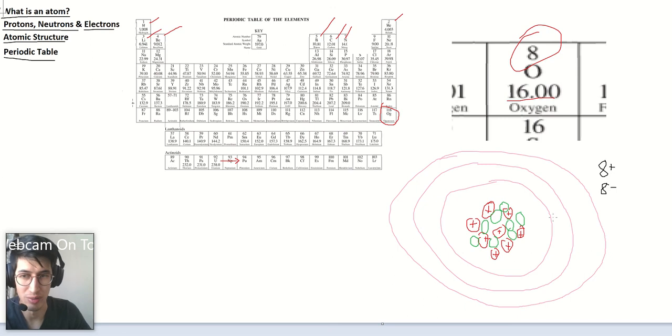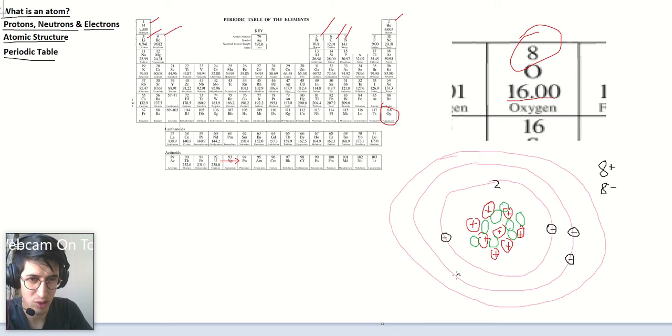I'm going to start drawing them. You start from the center. So I draw my first electron in the center. And by the center, I mean the first shell. I draw my second electron in the first shell. My third electron, I don't draw in the first shell because the first shell can only hold 2 electrons total. So that's already done. So I've drawn 2 electrons. The third electron I'm drawing in the second shell. Okay, the fourth electron I'm drawing in the second shell.